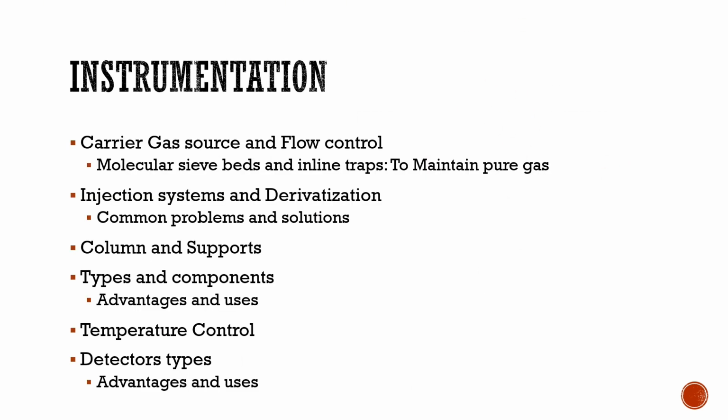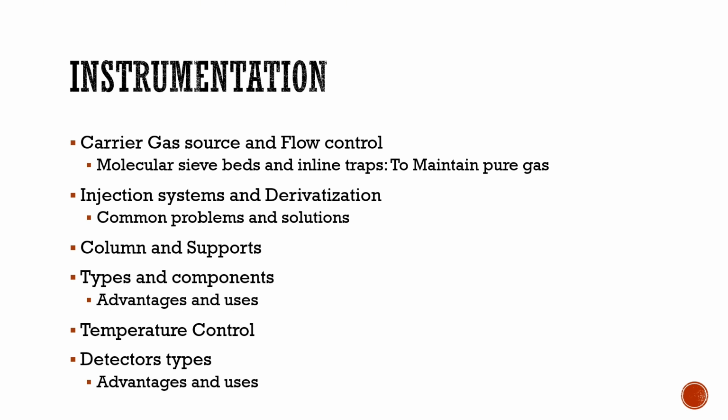All these parts of the instrumentation are important to get to know: the carrier gas and how it flows, the idea of having molecular sieve beds and inline traps to maintain pure gas and as clean a system as possible, how we inject the sample, and the derivatization of the sample.